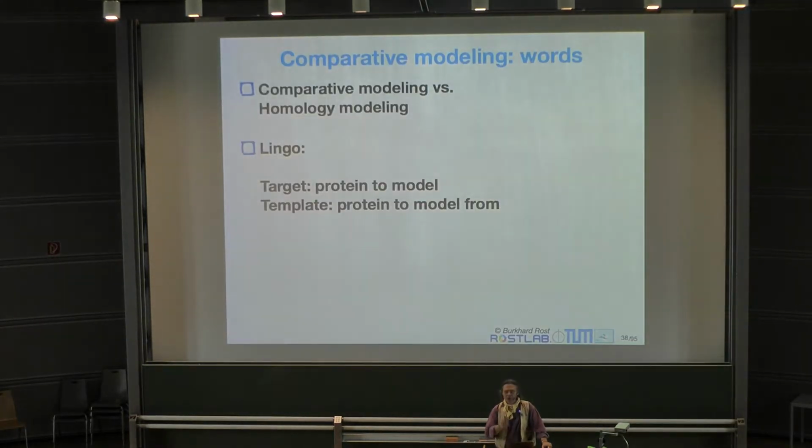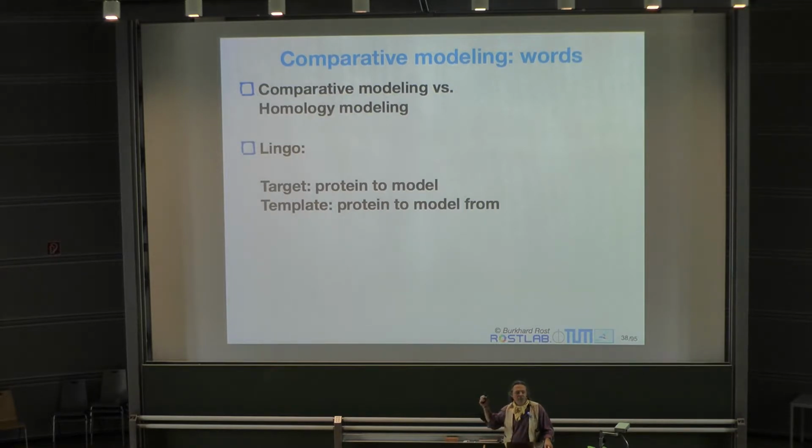Let's get back a little bit to concepts now, and to the language that is used. First of all, there are two different terms running around: comparative modeling and homology modeling. Essentially they mean the same thing. The reason why homology modeling may hit you in Wikipedia pages and in old papers is simply that originally the idea was there was an evolutionary relation that I dig out, and that evolutionary information helps me to infer structure.